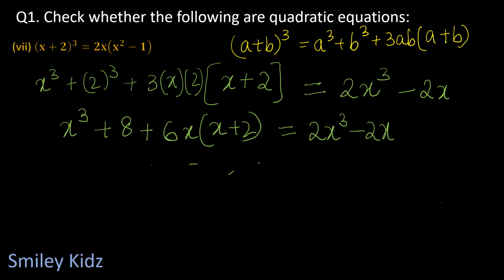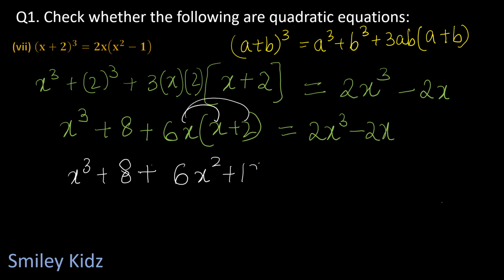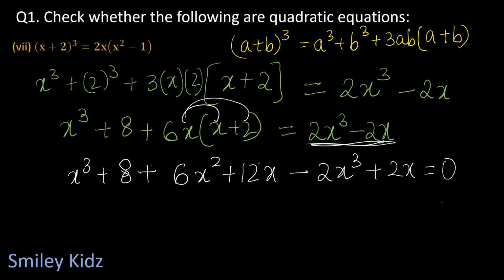Right. Then on further simplification we get x cube plus 8 plus 6x square plus 12x equals 2x cube minus 2x. I have transposed the RHS to the LHS, isn't it?